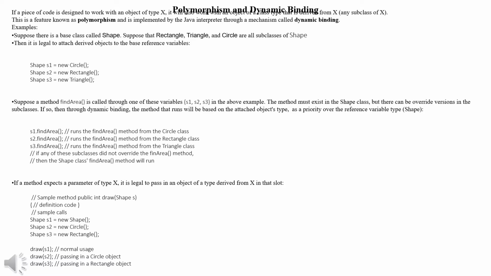Another point in polymorphism and dynamic binding is that when we have a class and that class is a parameter of a method, then we can pass an object of a type derived from that class to that method as well.